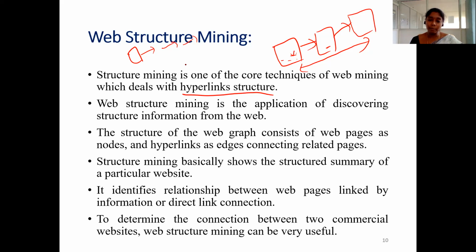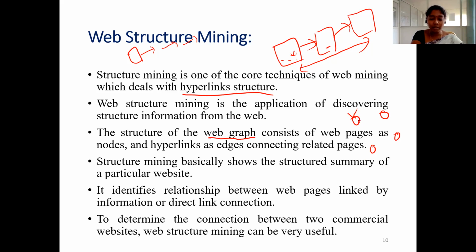So the structure of the web is represented with a web graph consisting of web pages as nodes. Here in this graph, the nodes are the web pages. And the hyperlinks are edges connecting related pages. Suppose here is the home node, that means this is the home page.